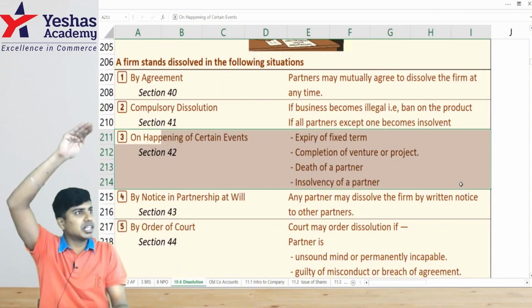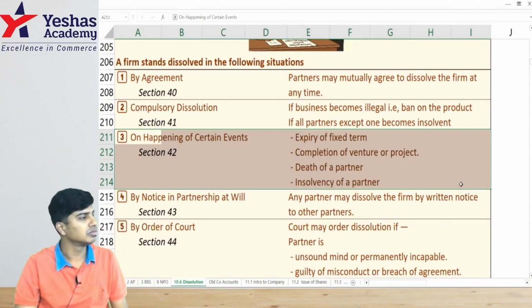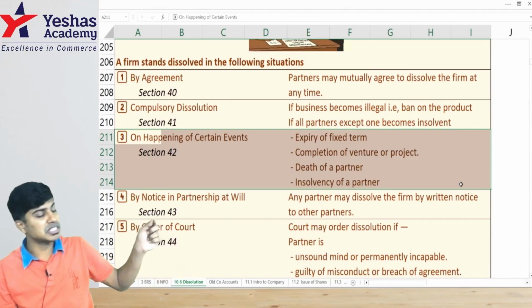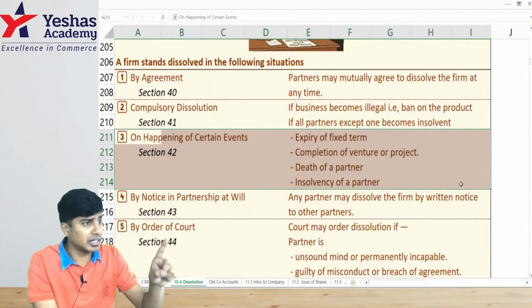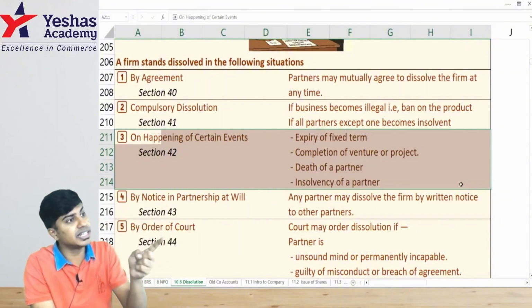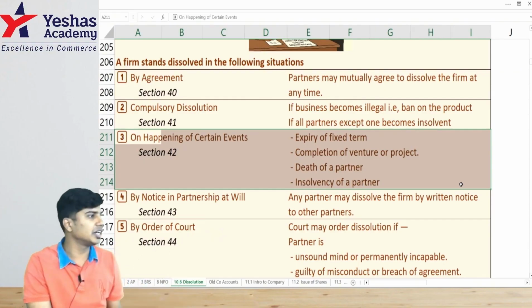Once the building construction is complete and the flats are sold, our partnership firm is dissolved. So on completion of a specific venture, and in the case of death of a partner, it is usually dissolution of partnership firm unless they immediately enter into a new agreement, because you cannot have an agreement with a dead person.